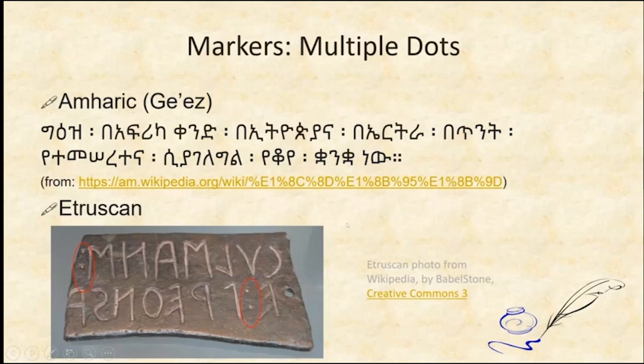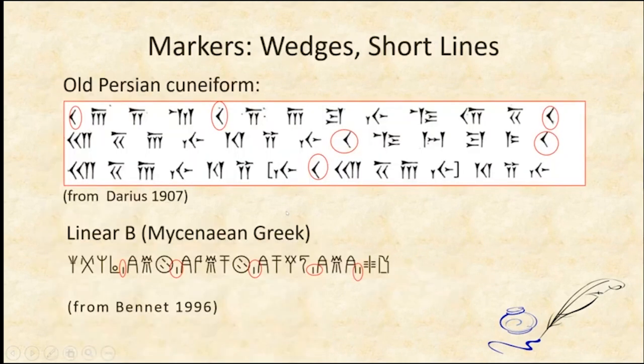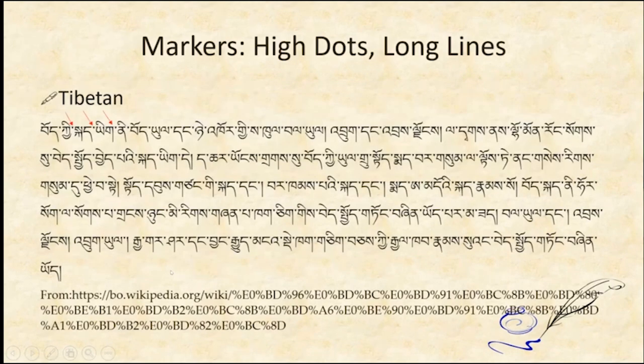Etruscan used two dots between words, or sometimes between syllables. Old Persian cuneiform divided words with a wedge, and Linear B, as we've already seen, a small line. Tibetan uses high dots at the top line to divide syllables, and longer lines to divide phrases and clauses.